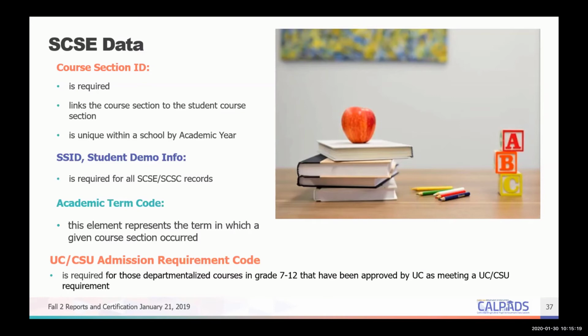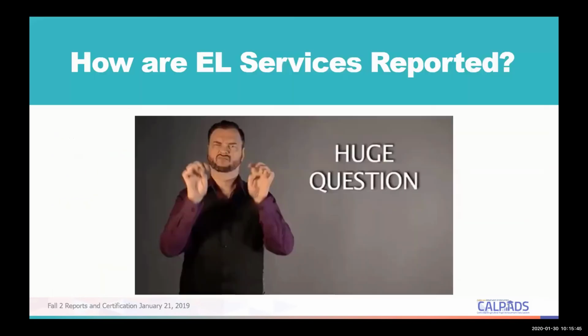So those are other elements that have to correspond to tie a course section to a student. The SSID is also required to identify the student's demographics and programs. And then as a requirement, the UC-CSU has to be populated, although that's collected in end of year one, but it's a requirement for submission.